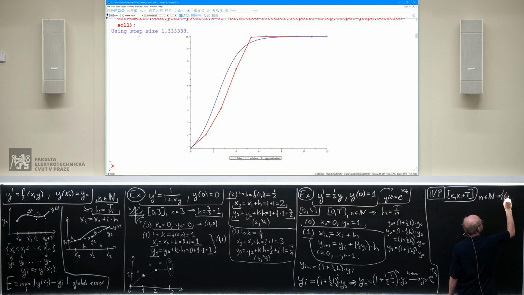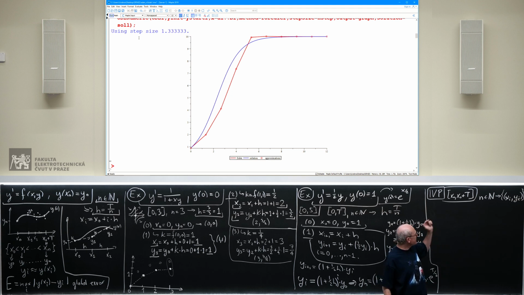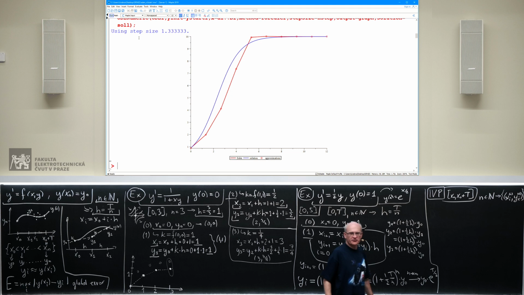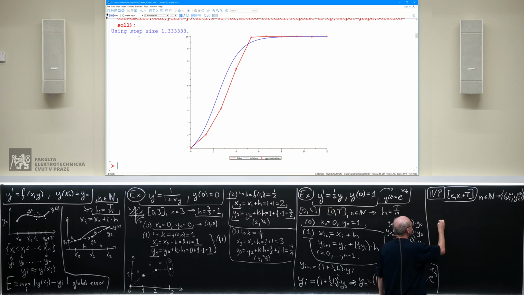So we are actually producing a bunch of points, xi, yi, but these points are dependent on n. So I should somehow reflect it in the notation. Let's say that I put a little superscript n in parentheses over here like that. So for each partition size n, I'm getting corresponding points from the Euler method. And for each partition size, I ask about the global error.